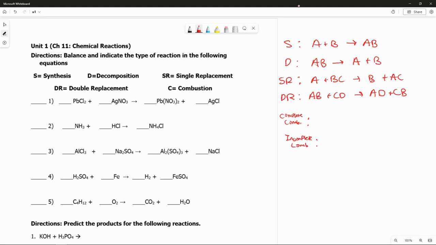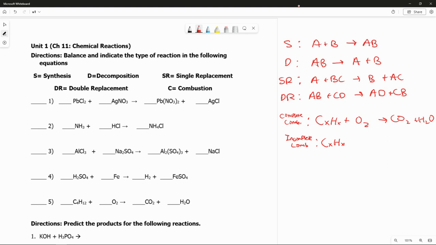Complete combustion is CxHx, where the x's are subscripts that can be any subscript, plus O2, which gives you carbon dioxide and water, H2O.